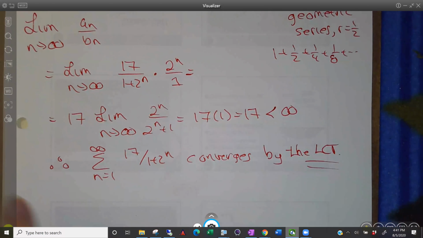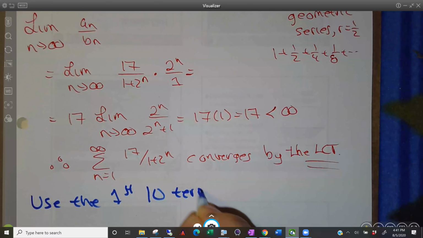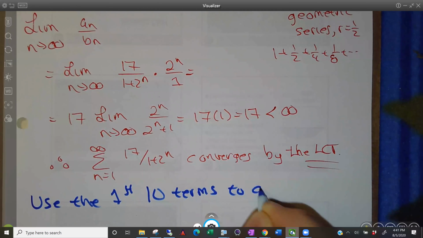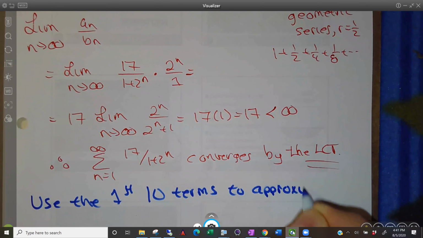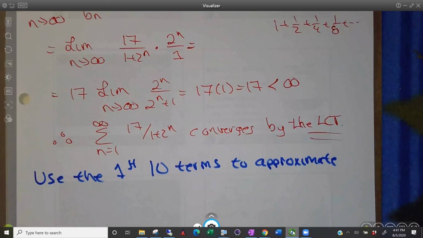Now, this problem in the book asks you to do a little bit more. Excuse me, not in the book, but in WebAssign, they ask you to use the first 10 terms to approximate the series. And then we'll see if we can't come up with a remainder term as well.